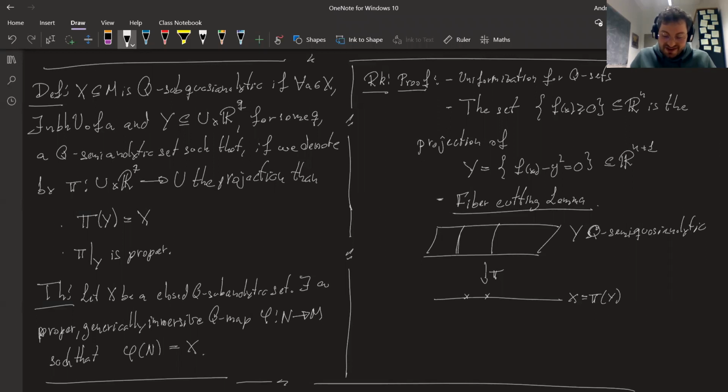So the fiber cutting lemma is the technical result that says you are allowed to choose in a nice way some other Q semi-analytic set B, but of the right dimension.